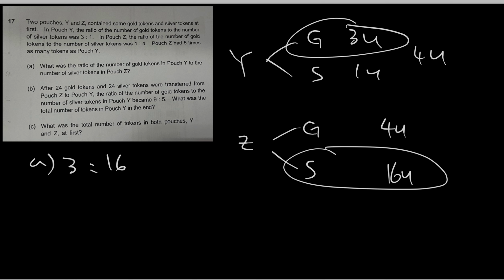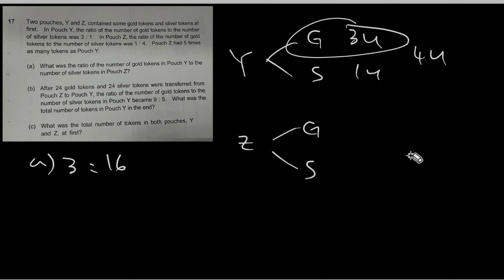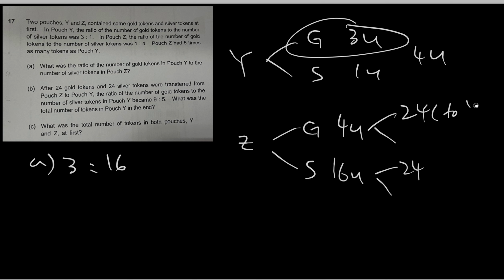So yes, then you start the branch method. It says 24 from Z to Y. So this one will be to Y, right?